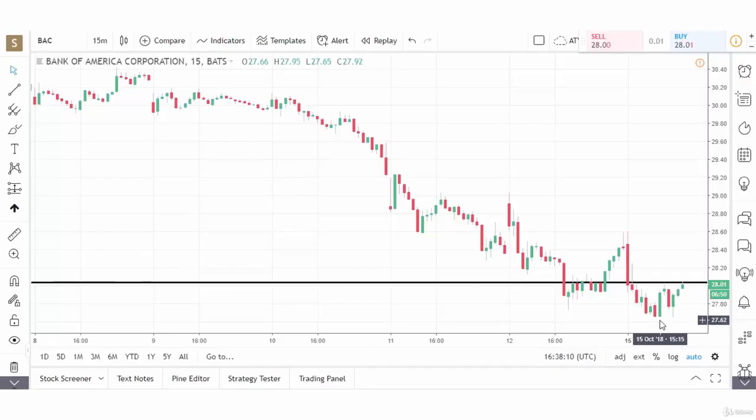Here we have a bullish engulfing pattern with a large green candlestick engulfing the red candlestick, and the stock has broken above the high of this candlestick, which was 27.95, up to 28.01. So on a 15-minute chart, we see the stock starting to move up, and we may want to actually buy as it breaks back above the support level.